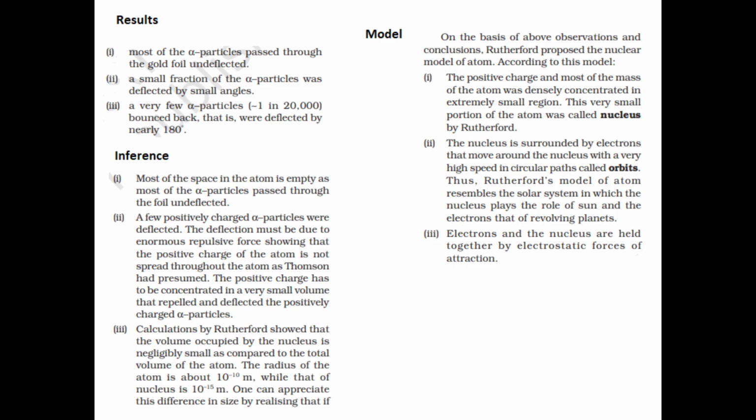The nucleus is surrounded by the electrons that move around the nucleus with a very high speed in circular paths called orbits. Thus, the Rutherford model of atom resembles the solar system in which the nucleus plays the role of sun and the electrons that of revolving planets. Electrons and the nucleus are held together by electrostatic force of attraction.